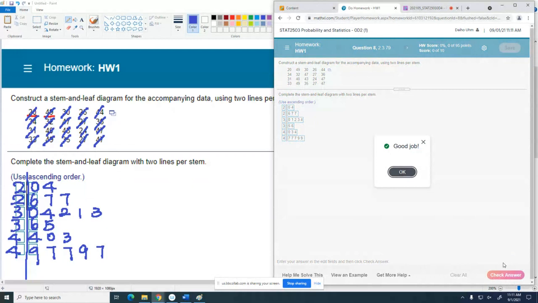Anybody who has another question for homework number 1? I posted homework number 1 on Monday, and it is due tonight because I want you to do it on Monday and Tuesday. If you have any big question, you can ask me now.